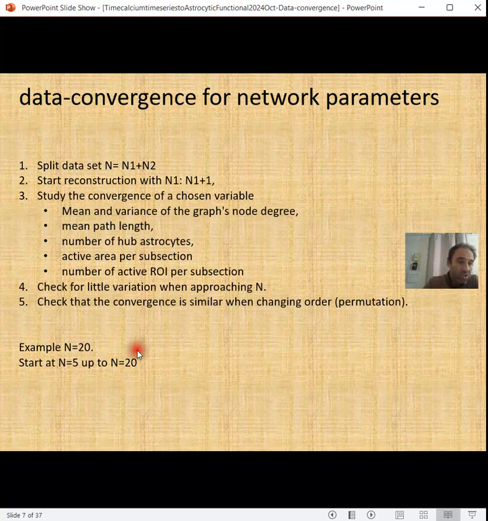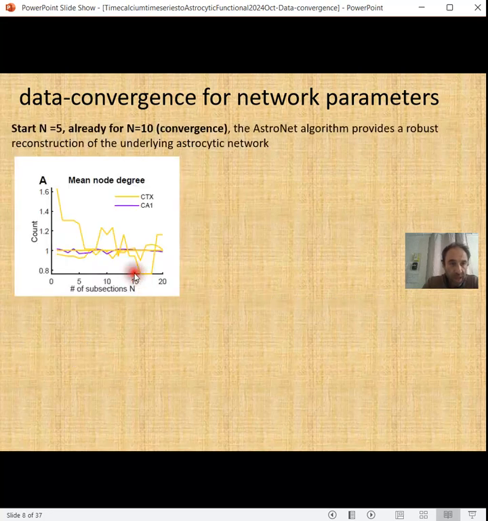So in the case that we had at hand in the previous YouTube video on this, we started with a few and increased up to N. This is in the associated publication. We see that, for example, as N increases, the mean node degree starts to reach a plateau.